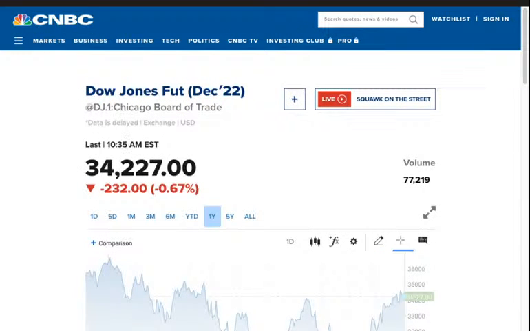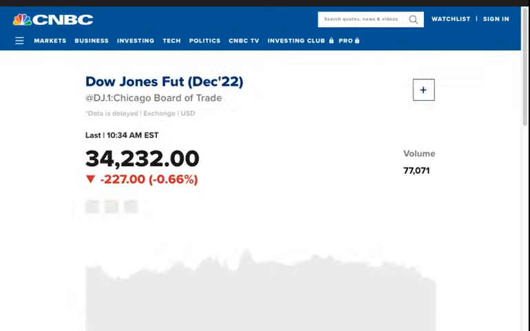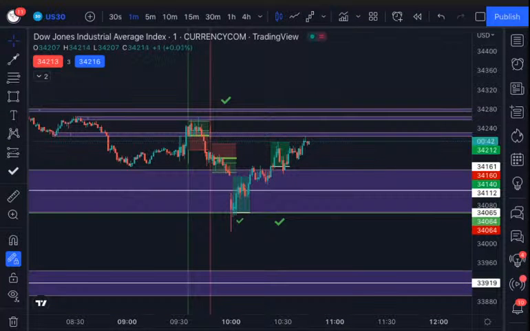It's over 200 points in the red. I feel like even if it needs to drop, at least it would probably want to come up a little bit more, just before that drop.